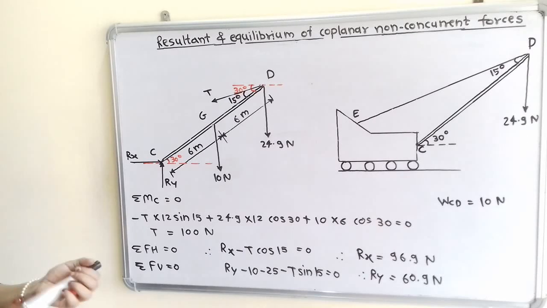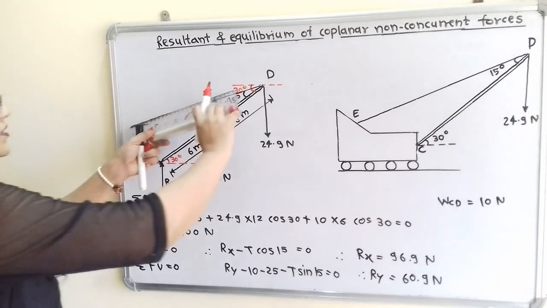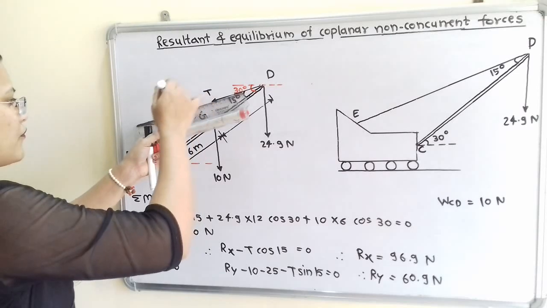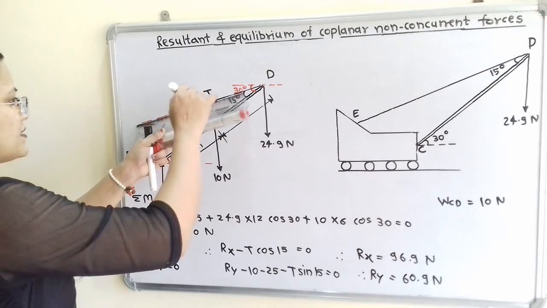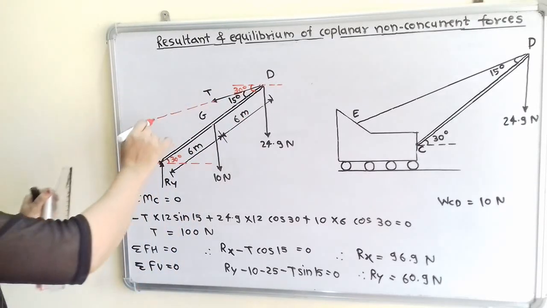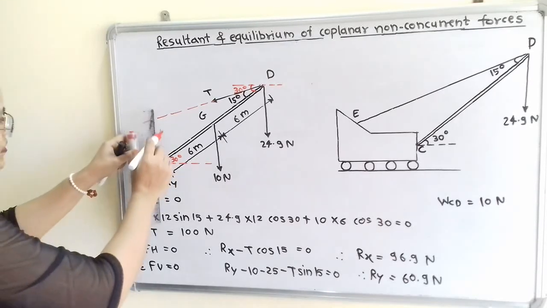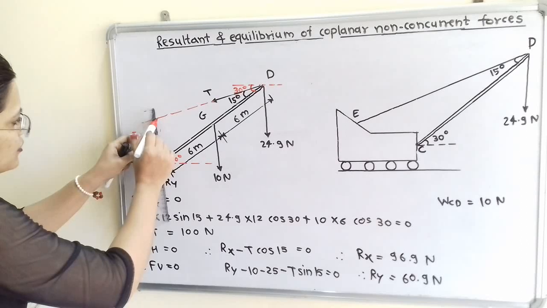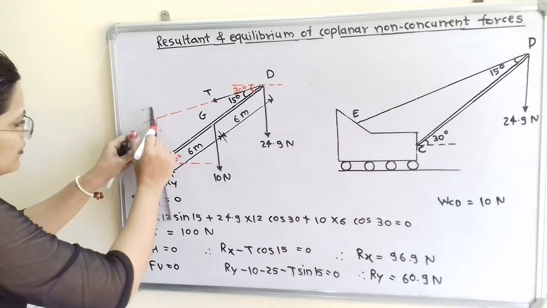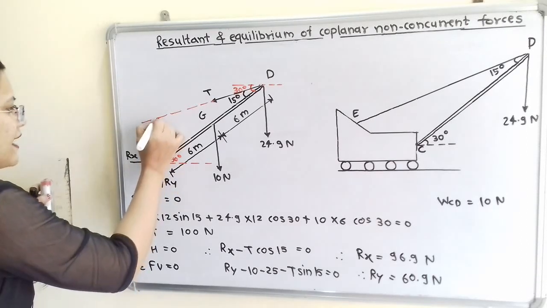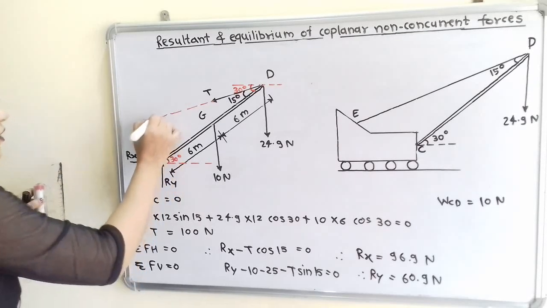How do we find the perpendicular distance? First I will take the line of action of the force, that is, I will extend this tension T. Then we have to find the perpendicular distance from this point C, so we show one perpendicular line and find this distance.